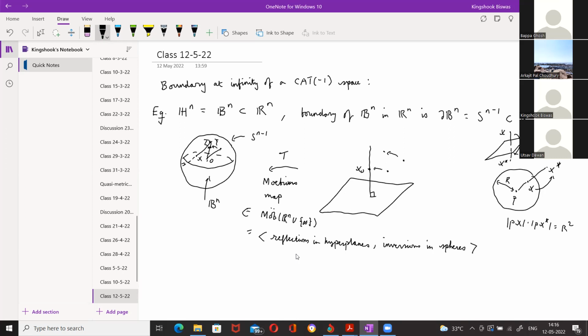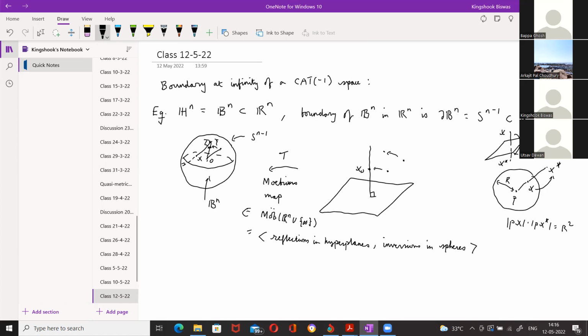Now, if you take reflections in all hyperplanes, not necessarily passing through the origin, then you will get orthogonal transformations as well as translations, right? So you'll get the full isometry group of Rn. So those are affine linear maps.